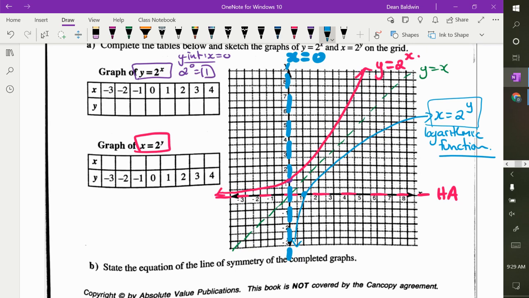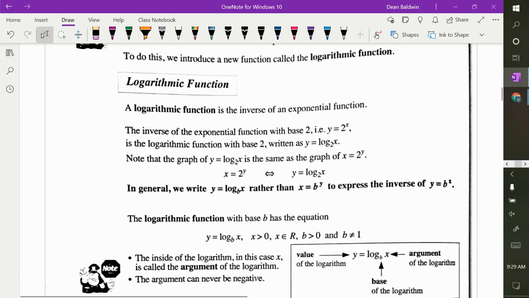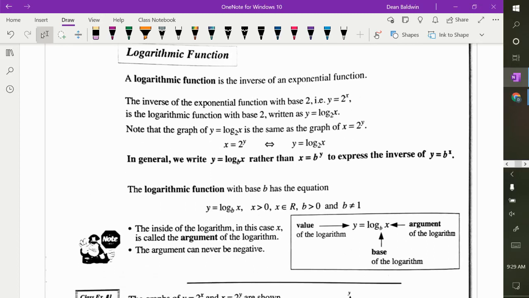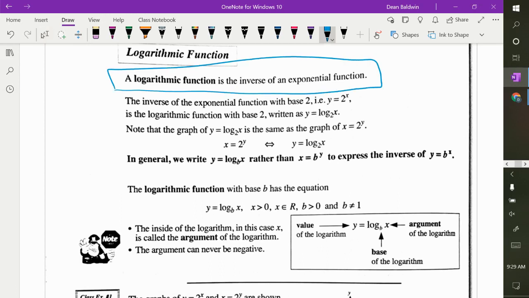Okay, flip the page, please. Okay. So the definition of a logarithmic function is it's the inverse of an exponential. You should remember that.